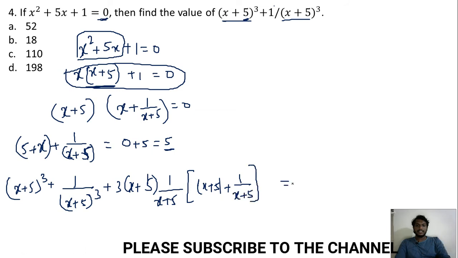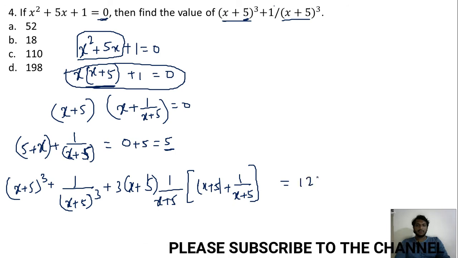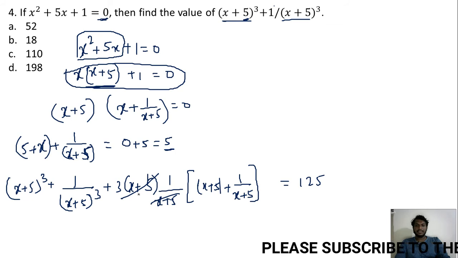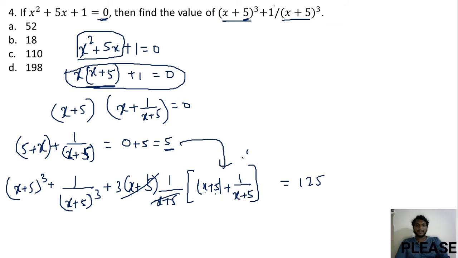Now this is equal to 5 cube which is 125. Here x plus 5 and x plus 5 term gets cancelled and we know that x plus 5 plus 1 by x plus 5 value is 5. Now 3 into 5 is 15 and if you send that 15 to the other side, it will be 125 minus 15 which is equal to 110. So 110 is the answer.